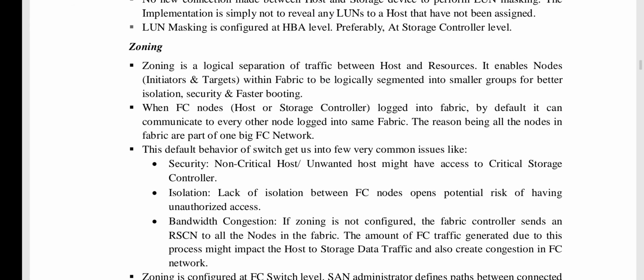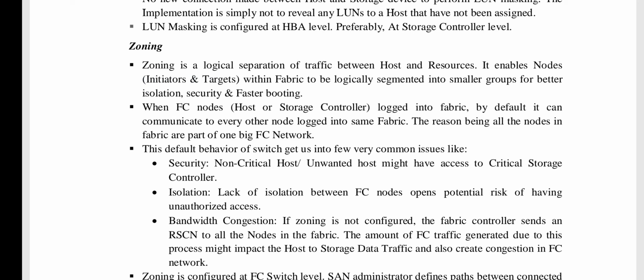Then next is zoning. Zoning means you concentrate certain hosts into a zone. Zoning is a logical separation of traffic between the host and the resources.